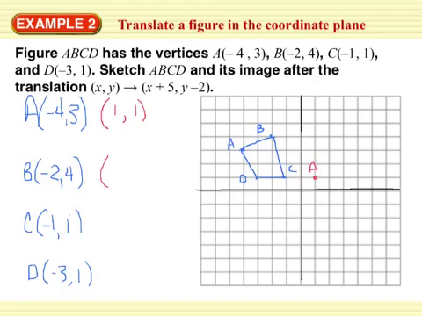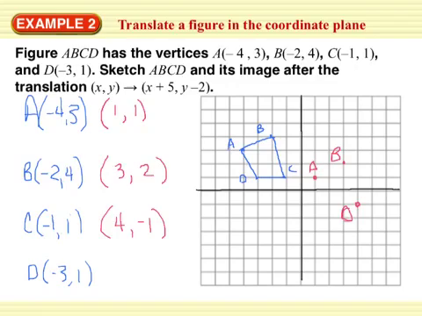Negative 2 plus 5 is 3. 4 minus 2 is 2. So we get (3, 2). Negative 1 plus 5 is 4. 1 minus 2 is -1. So (4, -1). That's a D. Oh, wait a minute.